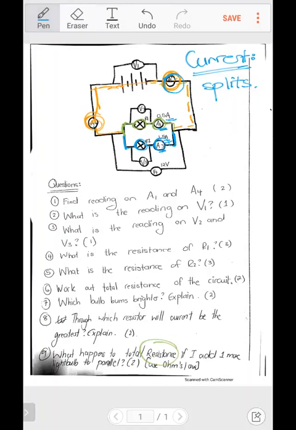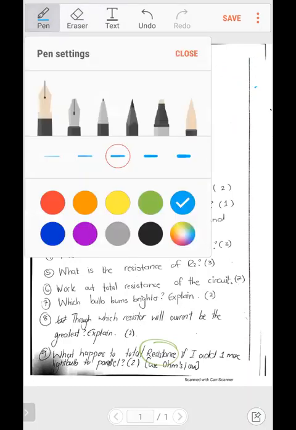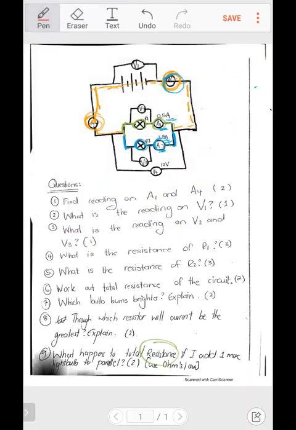Okay. What else do we need to know? We need to know about voltage in a parallel circuit. So we know that voltmeters calculate or read voltage running through a device. Voltage comes from the battery. Let's look at the definition of voltage.